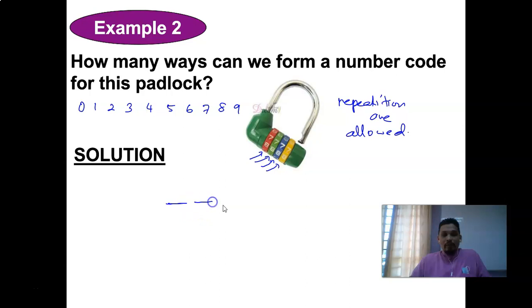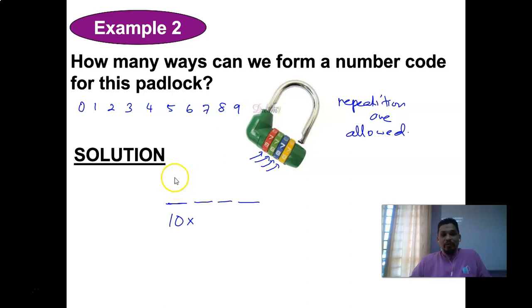So they have 4 places for which we can form a code for this padlock. So then for the first place, how many choices do we have? How many ways? 10. Repetition is allowed.